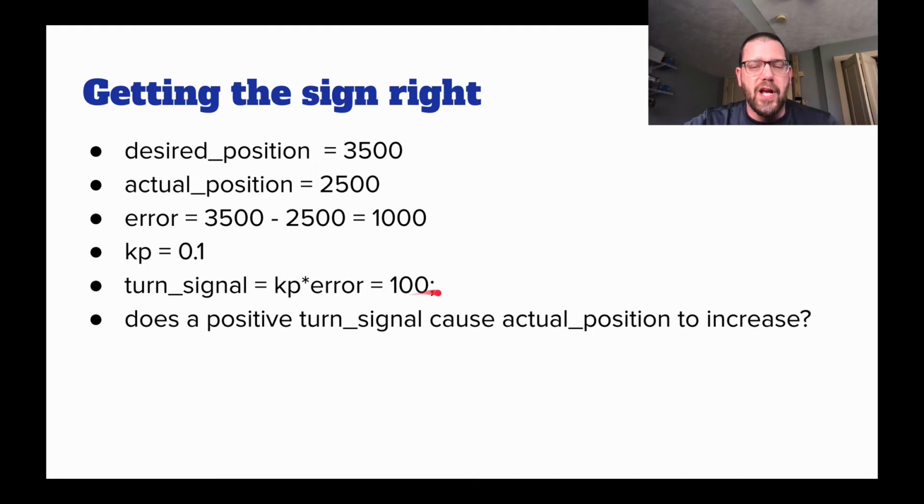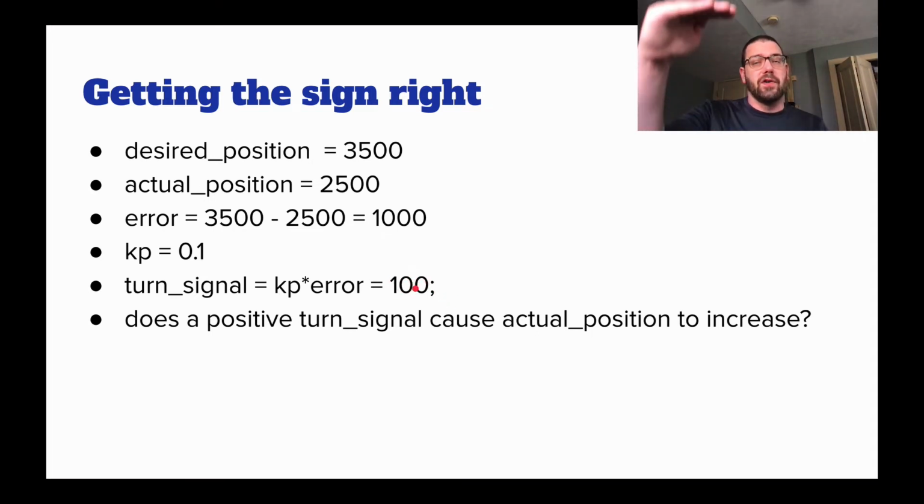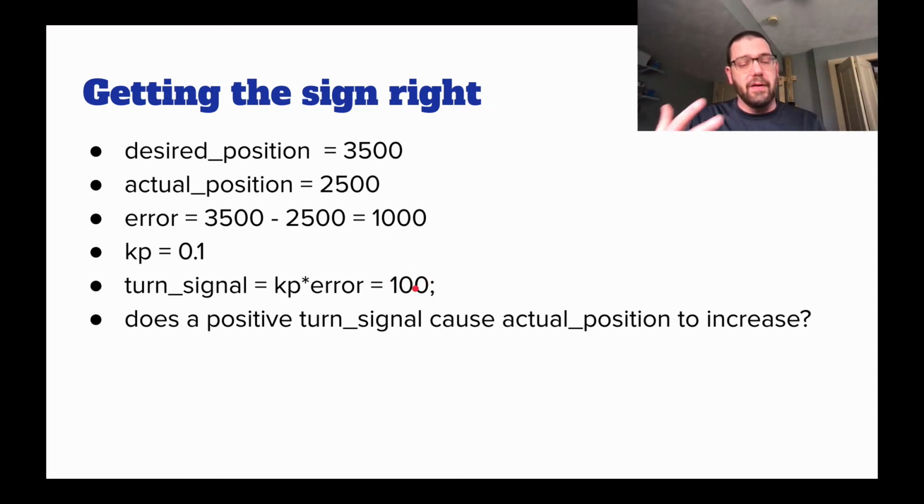But we want to check out, how does the sign of the turn signal affect the output measurement? So if positive turn causes actual position to increase, things are going to go well for us. If negative turn causes actual position to decrease, then everything's right. If those are backwards, then we've got to correct that either in software or by switching some wires or something.